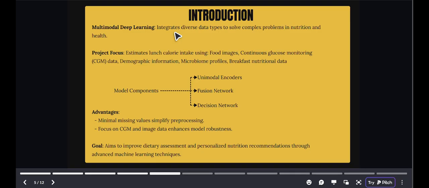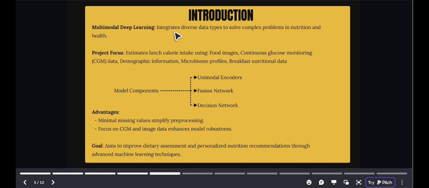So I'll be presenting our multimodal deep learning approach, which is used to estimate lunch calorie intake. Our project integrates diverse data types including food images, continuous glucose monitoring data, demographic information, microbiome profiles, and breakfast nutritional data.